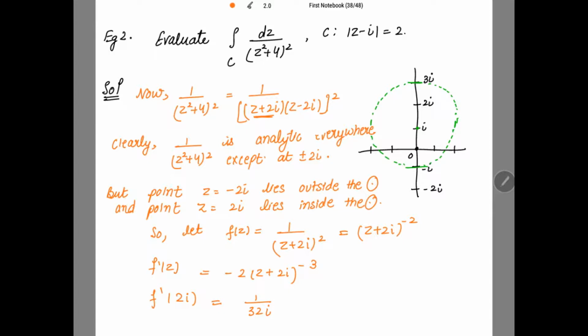Okay, because I'm having the power in the denominator as 2 with z minus 2 iota, and I have to use Cauchy's integral formula over here.